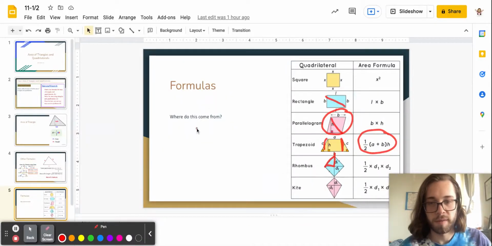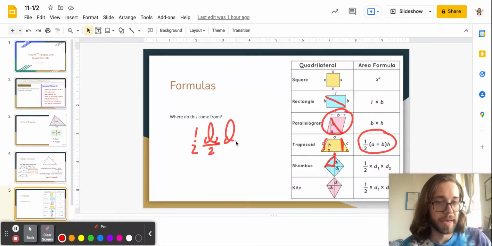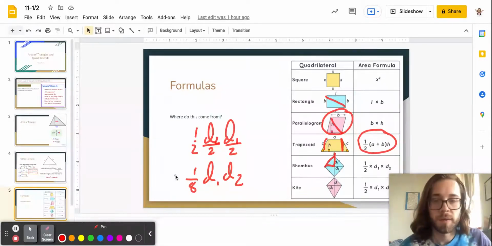So you essentially have 1/2 the base, which is half of diagonal 2, and then half of diagonal 1 is the height. So this is essentially 1/8 diagonal 1 times diagonal 2, but there are 4 of them, so times 4, and that's where that formula comes from.